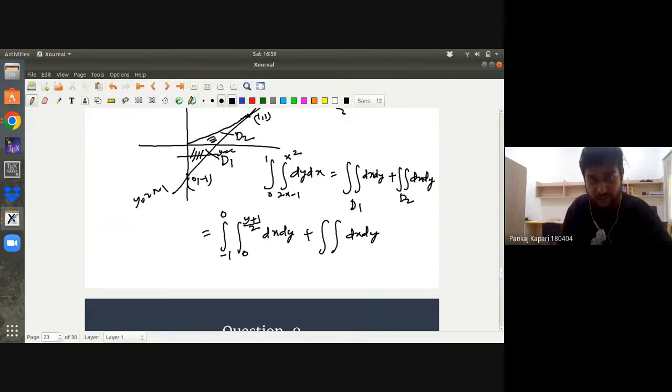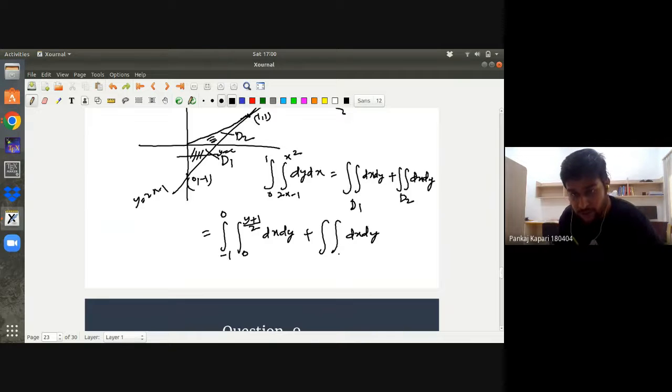So what is the value of the integral for the second region? Again do the same trick, keep y constant. So if you keep y equal to constant, let's say this is our line y equal to constant. In that case, x varies from again the graph of the function to the line, the graph of y equal to x square.